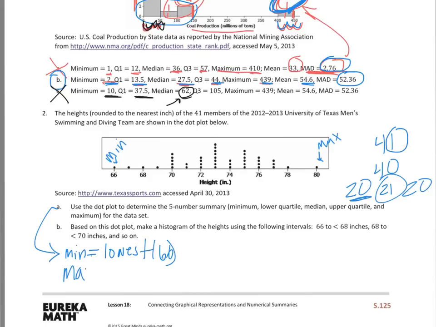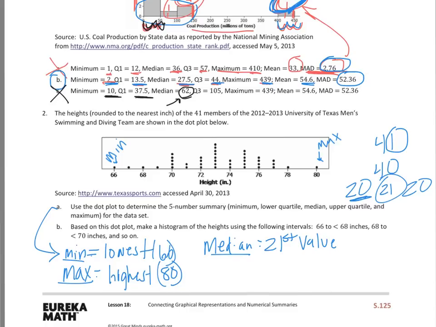The max is the highest, and the reason I'm doing this is because I don't really want to rewrite all of these in order and cross off. My median, I know, is the 21st value. And if you want to figure out that exact value, go ahead and figure it out. But I know once I get that 21st value, now I have 20 values.